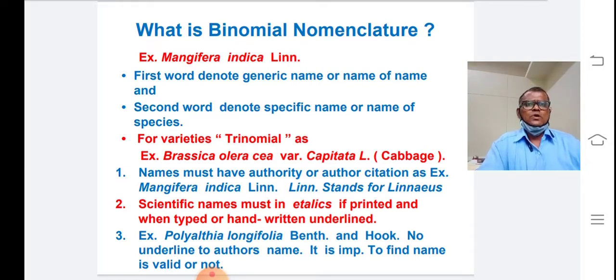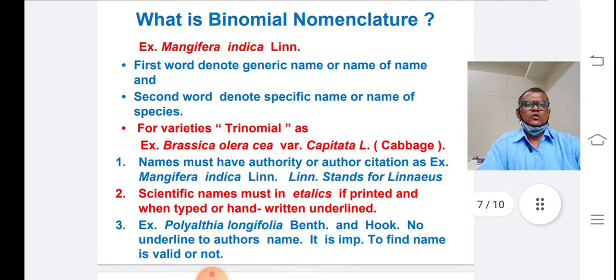When a variety name is added, it is called a trinomial, but generally we use the binomial. An example of a trinomial is Brassica oleracea variety capitata, the name for cabbage. In cabbage, you know different colored cabbages are there, so these are nothing but the varieties.